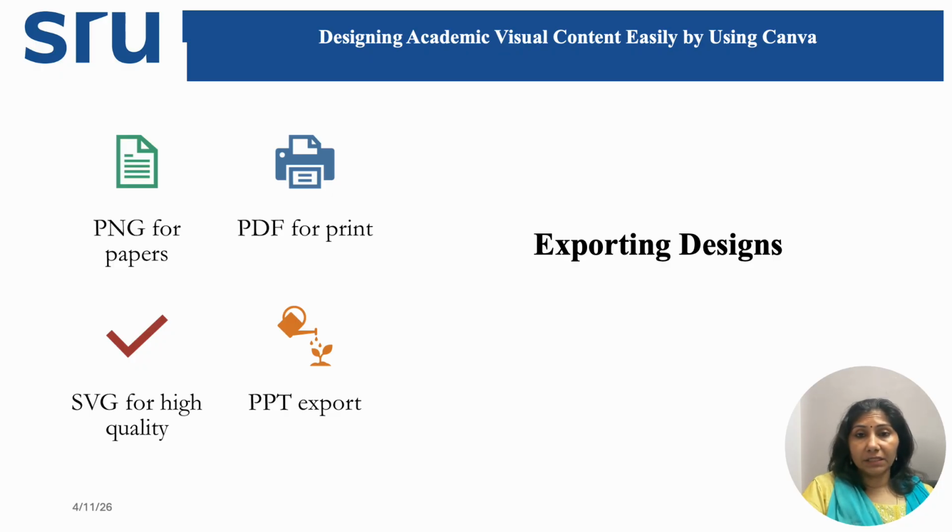After completing the design using Canva, it allows users to export their work in multiple formats, like PNG, JPEG, and PDF, depending on the requirement. Based on your requirement, you can convert to any format.